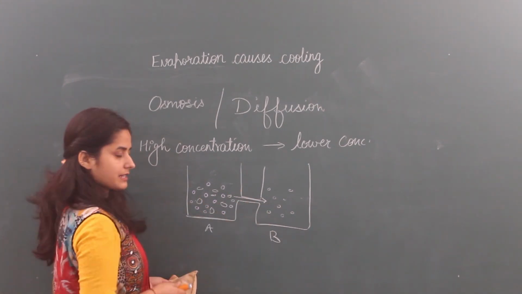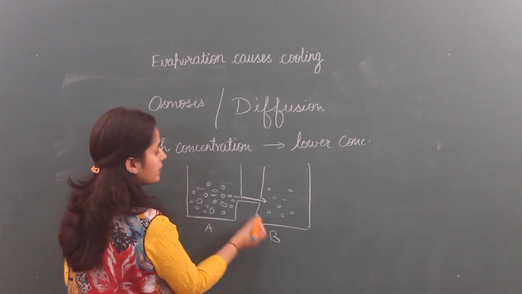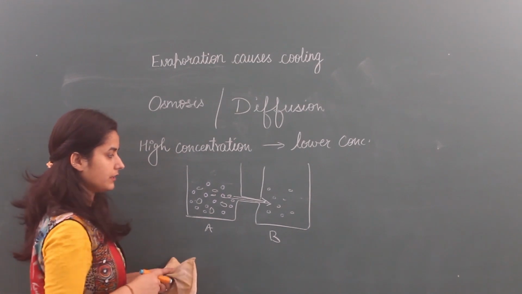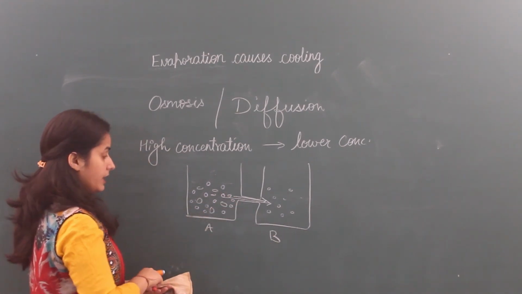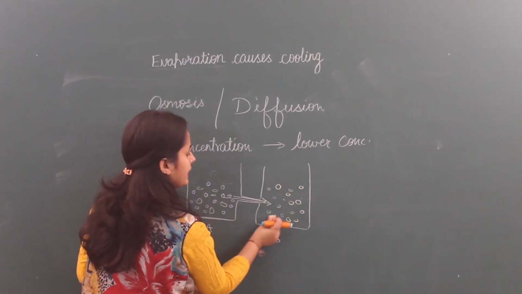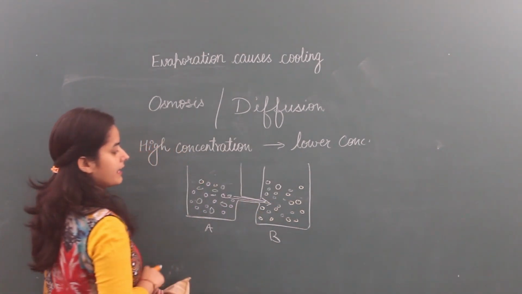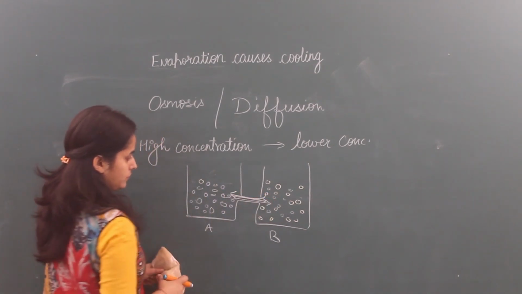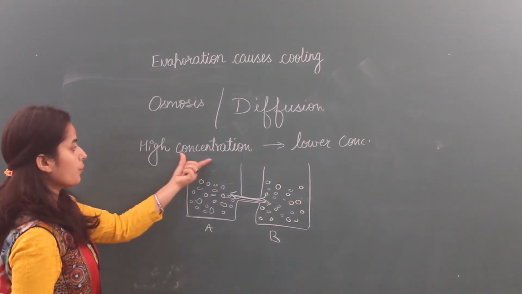These particles are the same, white particles, but these colored particles are less in container B. So these colored particles will go towards B. And if I am taking these particles in container B, these are more, but in container A these are less, then these particles start to go towards container A. So this way movement occurs.